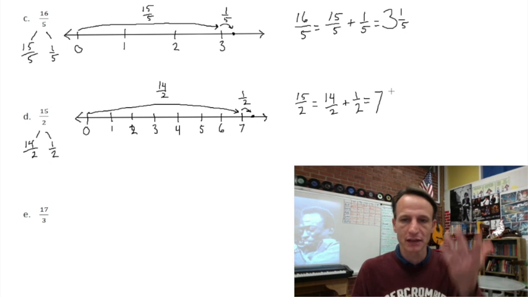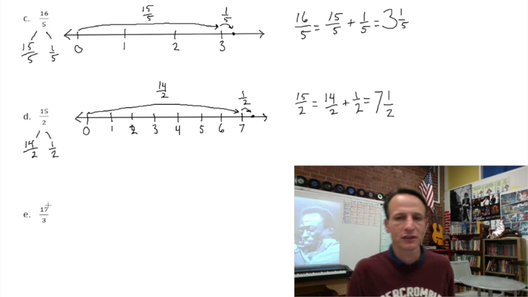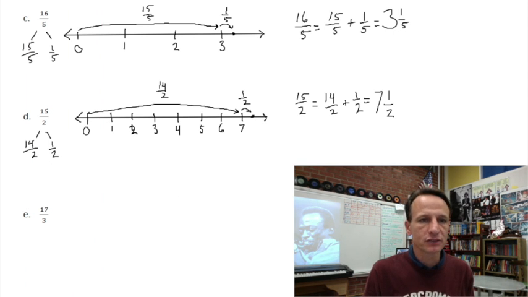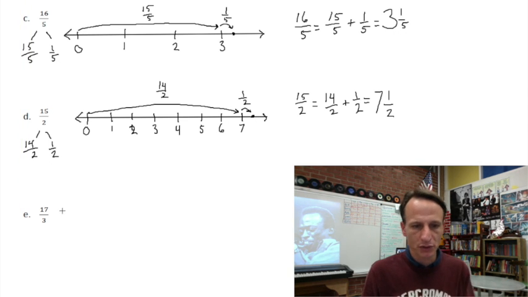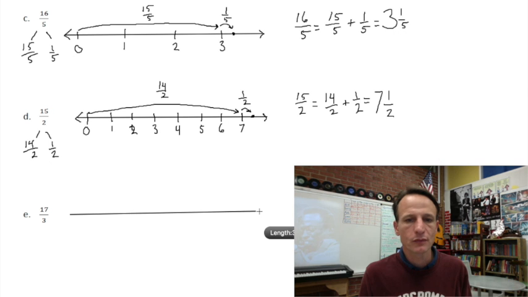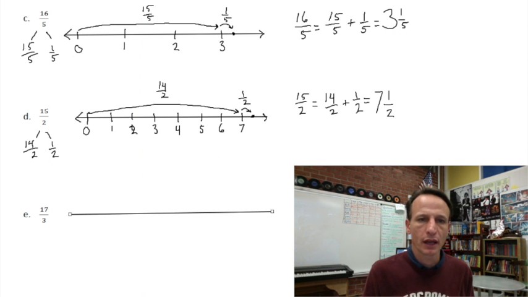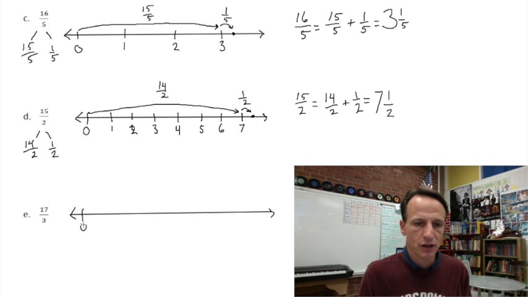And again, I'm doing that adding step in my head because I'm just putting them together like this, 7 and 1/2. And let's look now at E, draw ourselves a number line for 17 thirds. And put some pretty little arrows on either end. Starting off from 0 now.